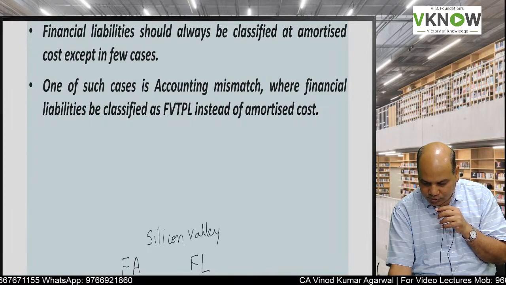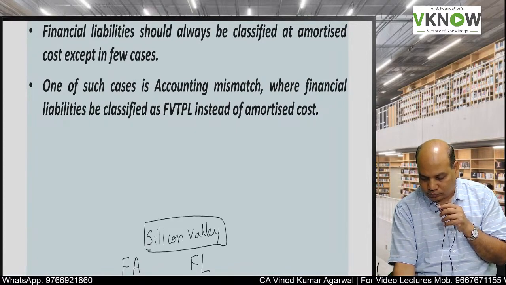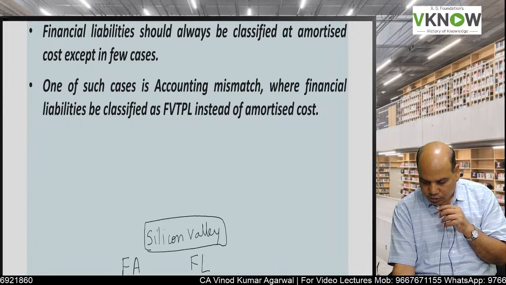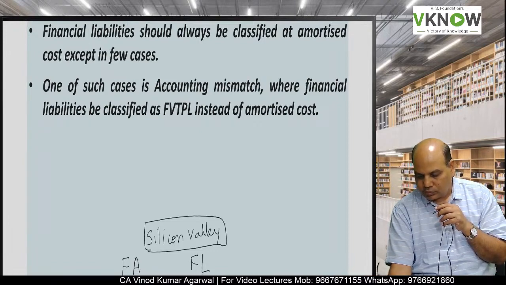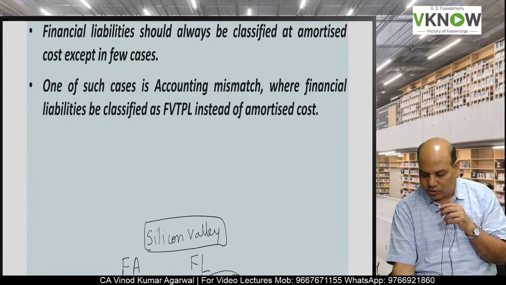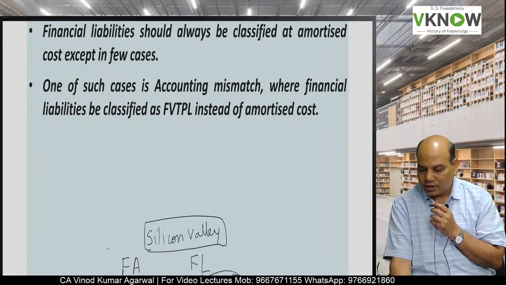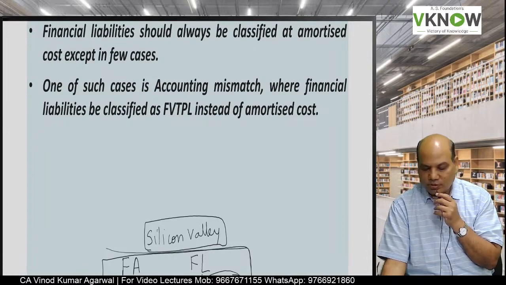It has financial assets which are based on floating rate, and it has financial liability where the interest rate is fixed. So there is an accounting mismatch, an asset liability mismatch.